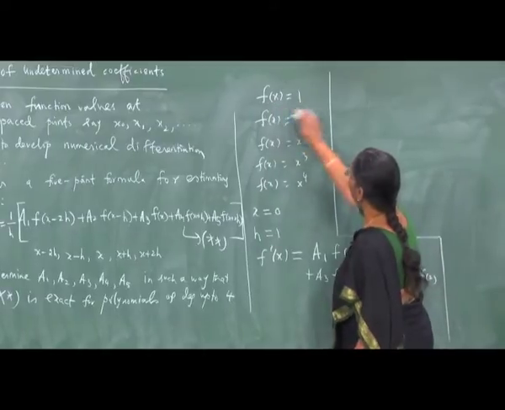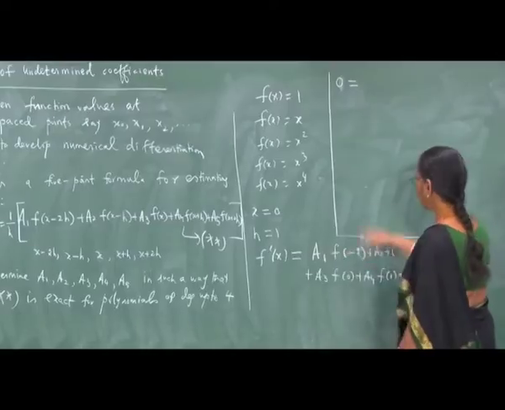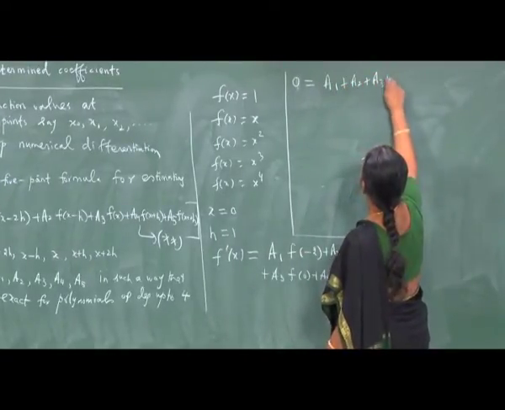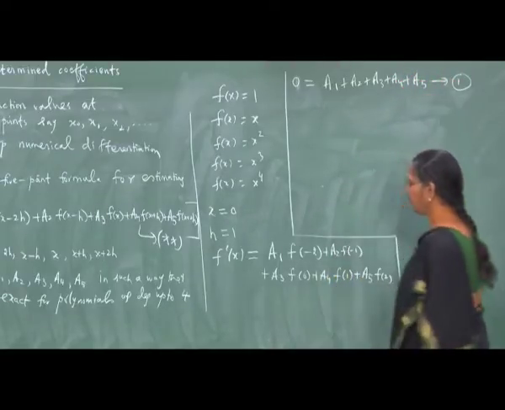When f of x is 1, f prime x is 0 and therefore, it will give you a1 plus a2 plus a3 plus a4 plus a5. So, that gives you the first equation.